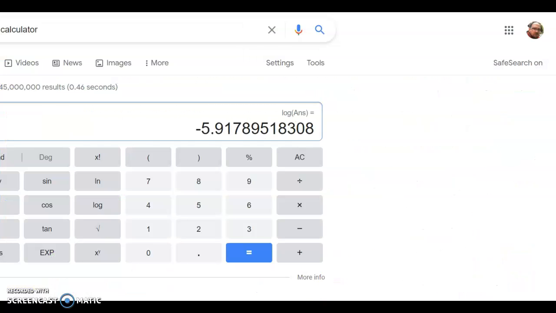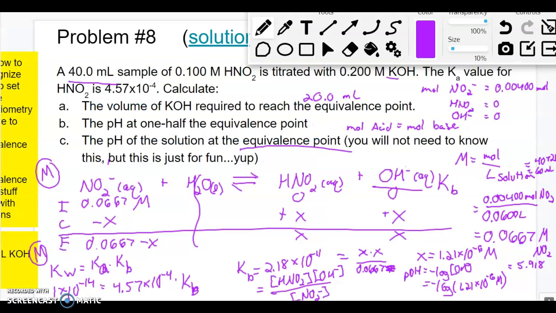I think, right? 918. There we go. Okay, but that's my pOH. I need my pH, which means I need to subtract that from 14. 14 minus that, I get my pH is equal to 8.082 at the equivalence point.